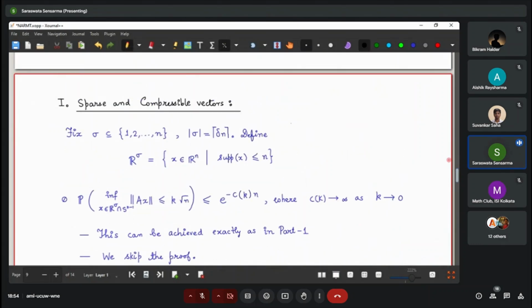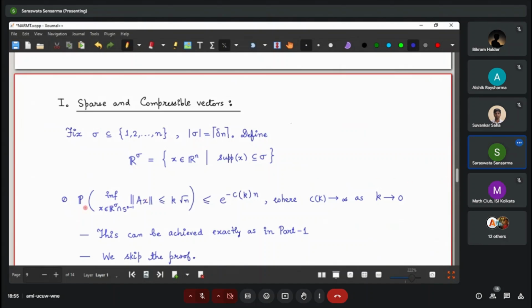To start with, fix a set sigma. Sigma is a subset of 1 to n, where the size of sigma is exactly the ceiling of delta n, and we define R sigma to be exactly those vectors whose support is in sigma. That is, the support of x is in sigma, and everywhere else it's 0. These are lower dimensional subspaces of R^n.